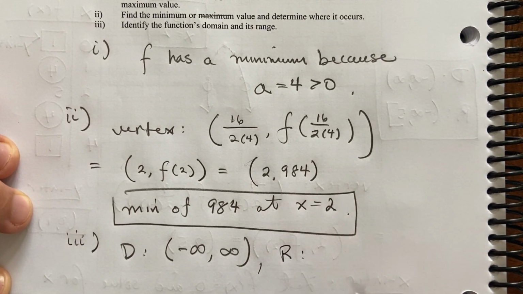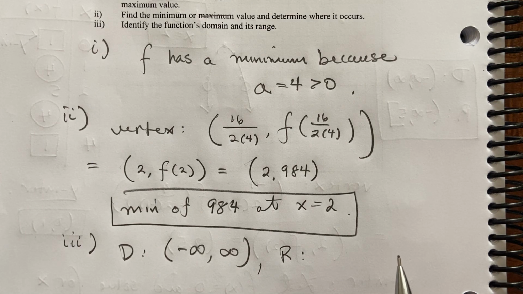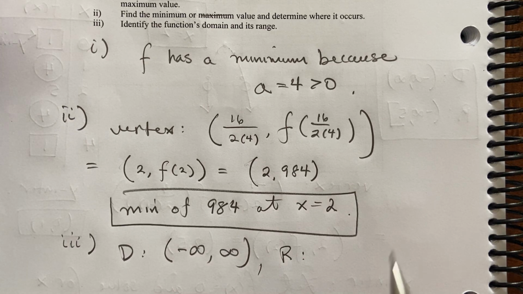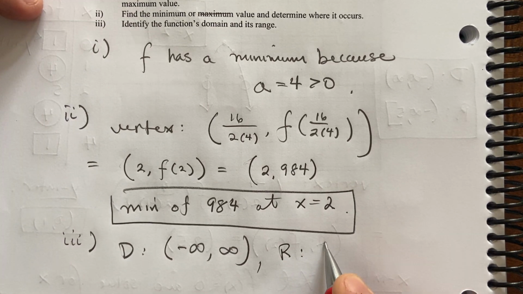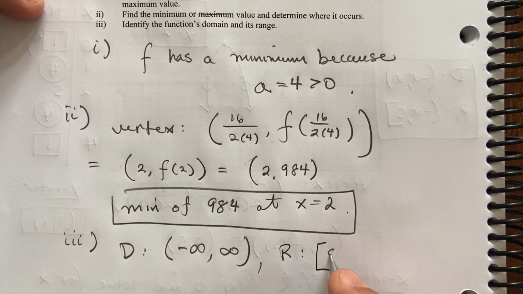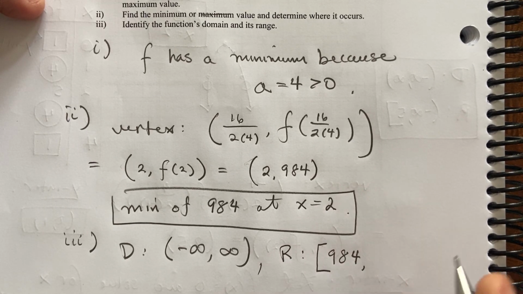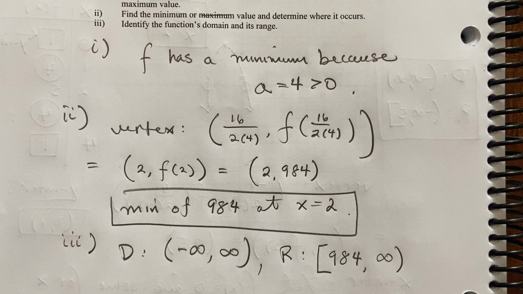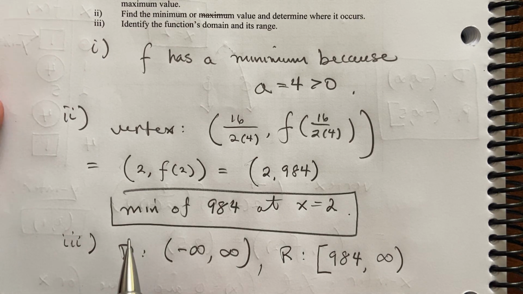And the range, well, the lowest value achieved, which we just saw from the previous work, is this 984. So the minimum value achieved is this. So we're going to go up from there, since it's opening up. So 984, comma, infinity. So this would be the domain and range.